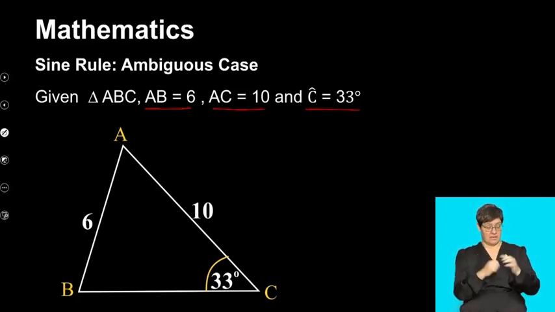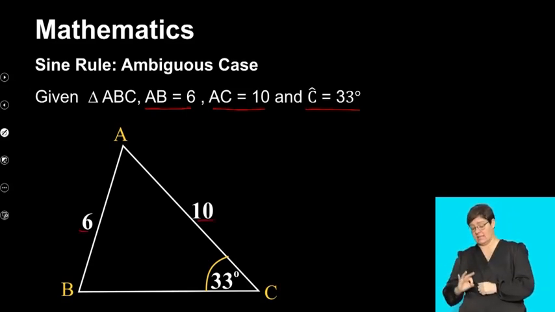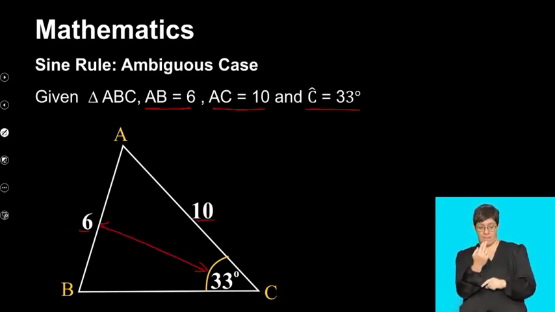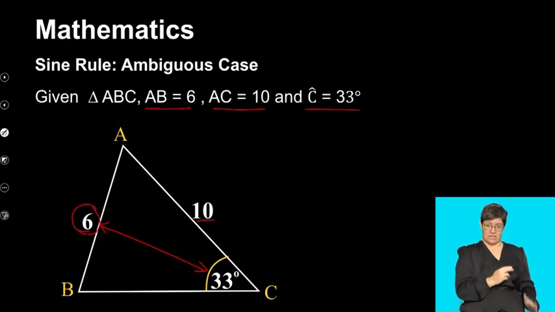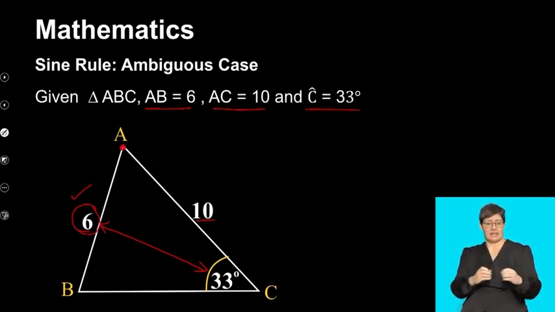If we fill in the values, AB is 6, AC is 10, and C is 33. The full pair we're given contains the smaller side, so it is an ambiguous case. Why is it ambiguous? Because they've told us nothing about this angle A here.